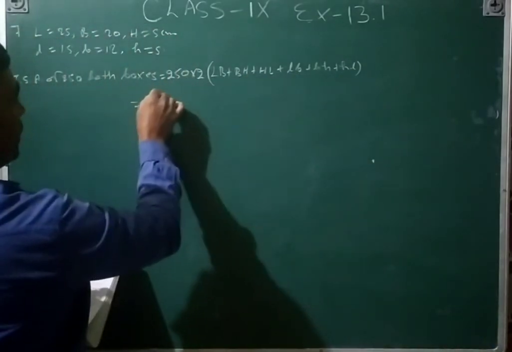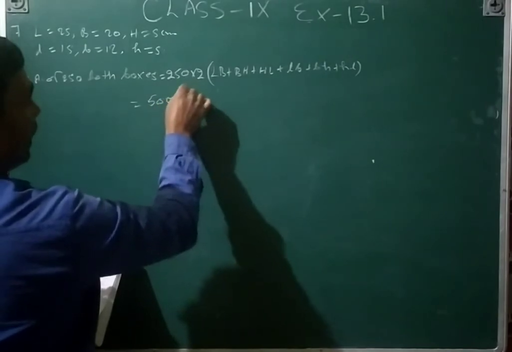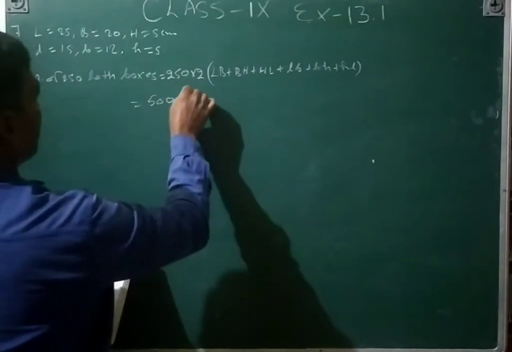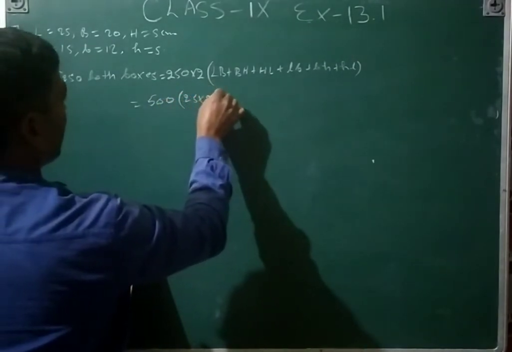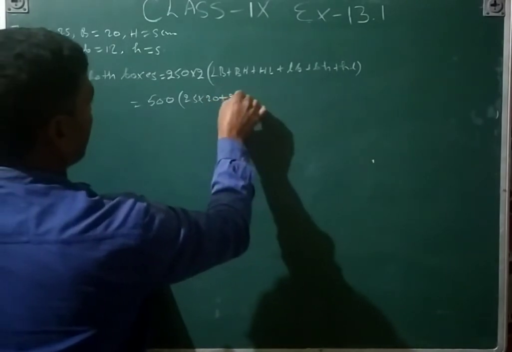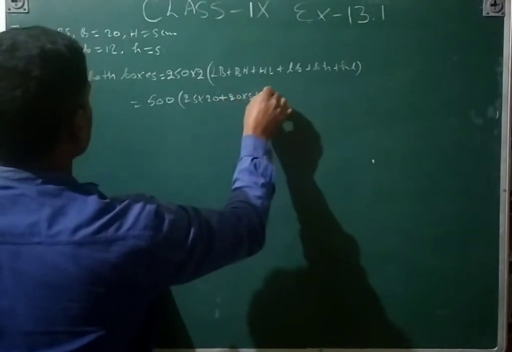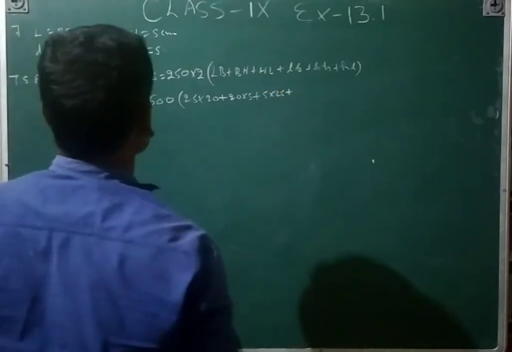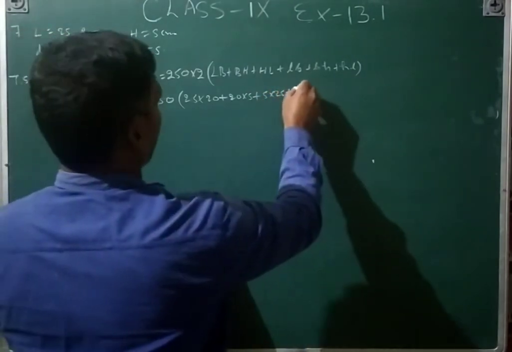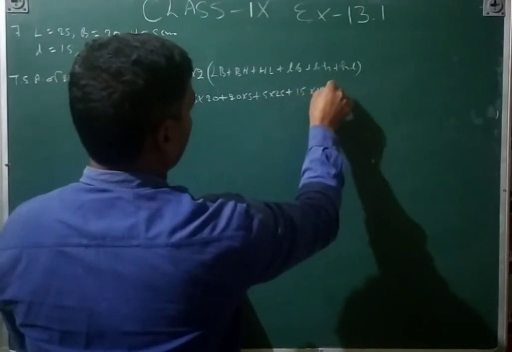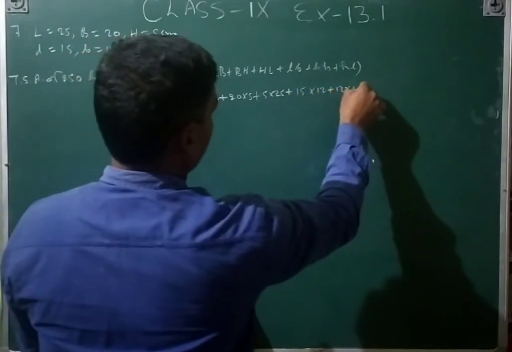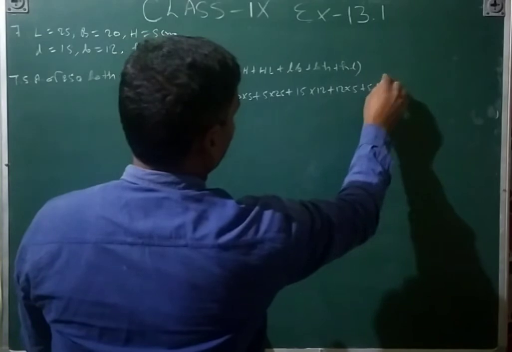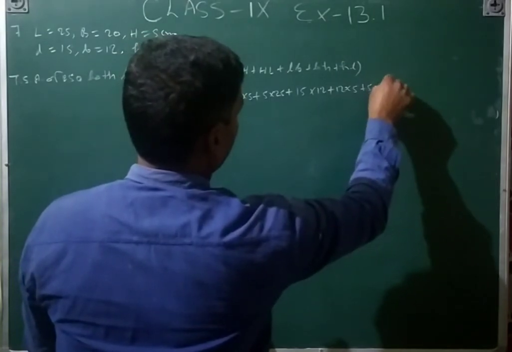So that will be 500, and then LB is 25 into 20 plus 20 into 5 plus 5 into 25. Now plus 15 into 12 plus 12 into 5 plus 5 into 15.